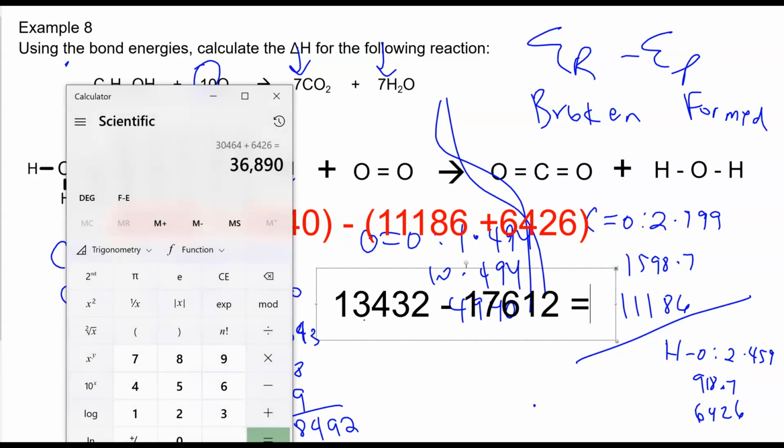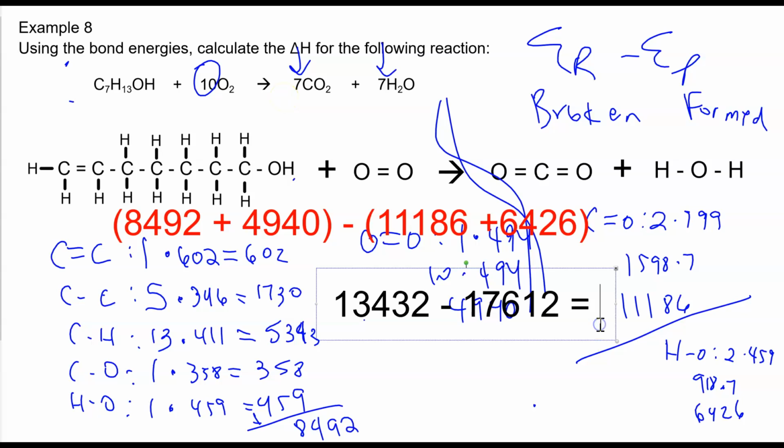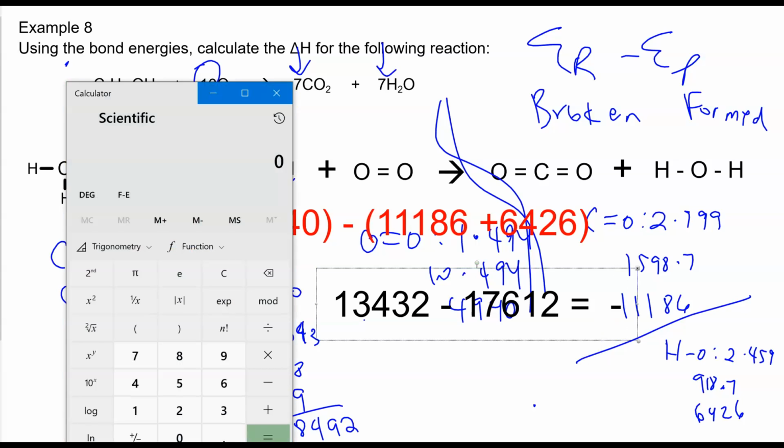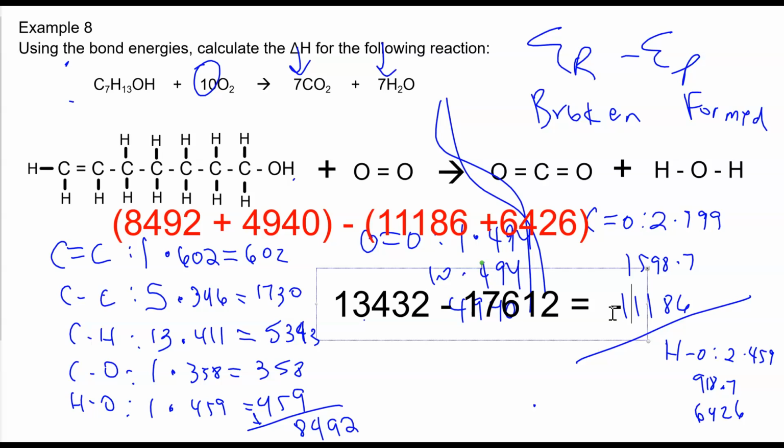All right, so then let's do that piece. We have 13432 minus 17612, and I get negative 4180 kilojoules per mole.